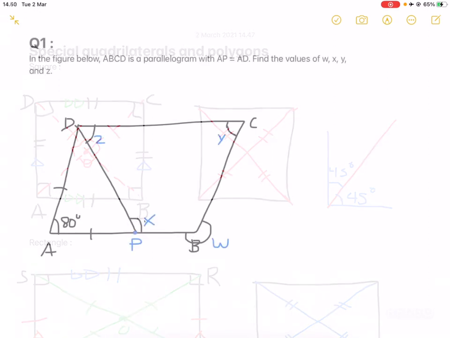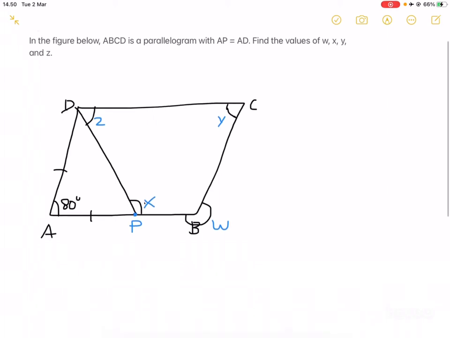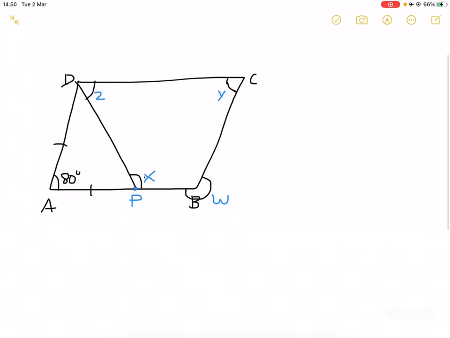For the first question, we're just going to start things off very simple. In the figure below, ABCD is a parallelogram with AP equals AD. We need to find the values of the angles W, X, Y, and Z as shown in the diagram below. If you know the characteristics of the angles inside a parallelogram, you probably want to find Y first.